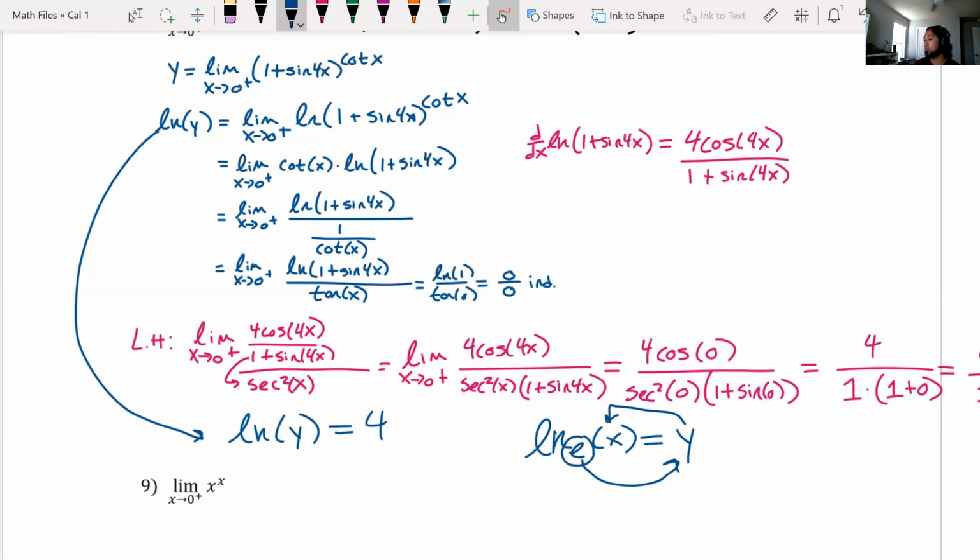So what would my exponential function be? E to the power of y equals x. That's it. So that's exactly what we're going to use here. So what's our answer? E to the power of 4 equals y. That's it. Oh my goodness.